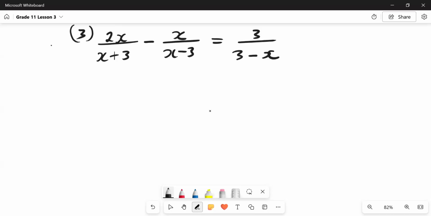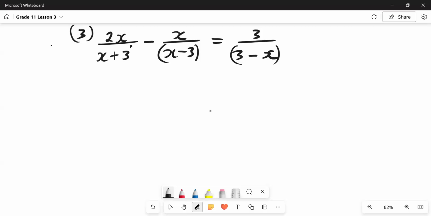So the first step here is to get the LCD by taking out the common factor of -1 from this term here, right? Let's do that so that we can have a common denominator, which is x minus 3.